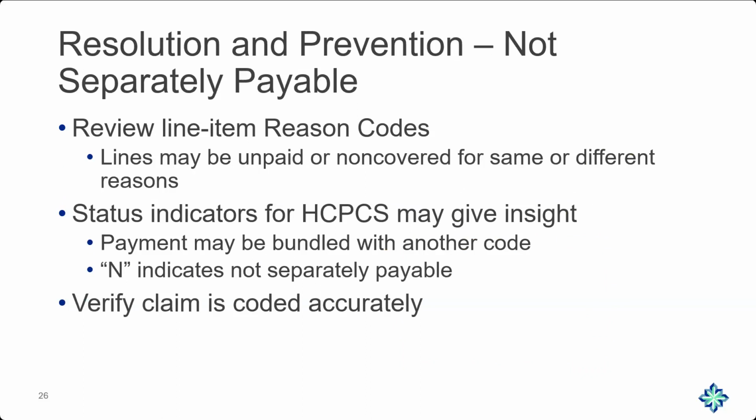It could be that the payment is bundled with another code on the claim. We know this by using what's called a status indicator of a HCPCS code. That might give you some insight, and specifically might tell us that there is no separate payment for the code. I'm thinking of status indicator N.